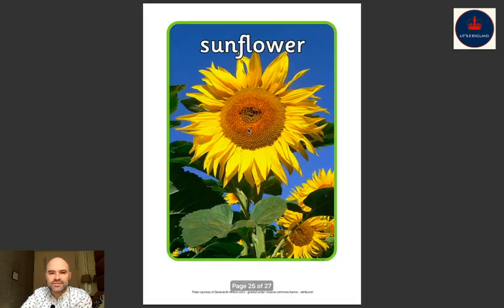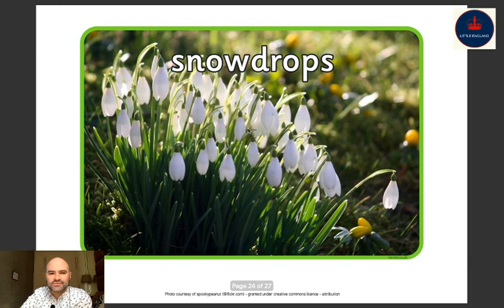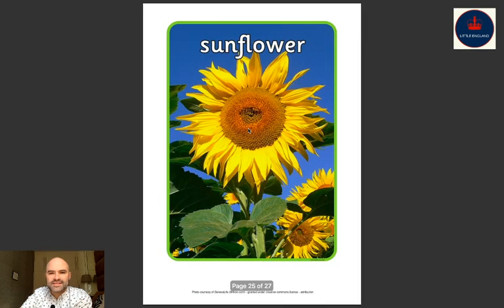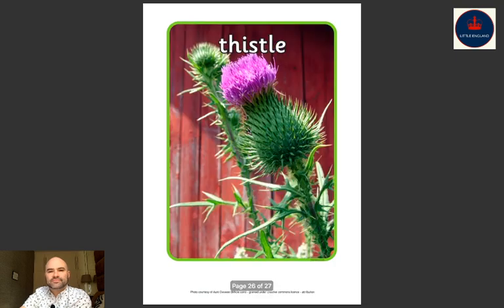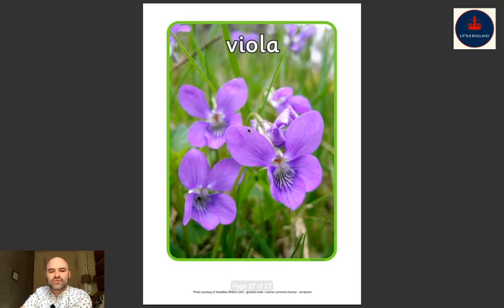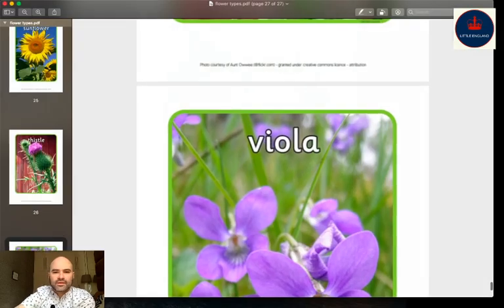Snowdrops. Those are beautiful. Sunflower. In my home state in America, in Kansas, this is our favorite flower. It's my state's flower. The flower of my state is the sunflower. Thistle, and viola. That's the last one.